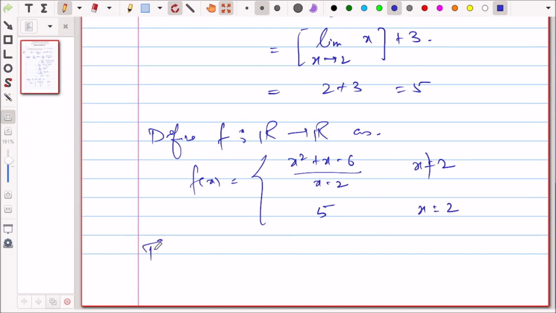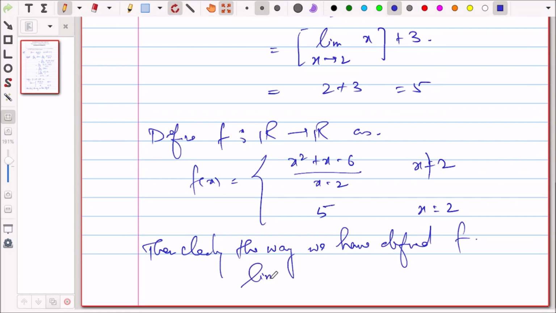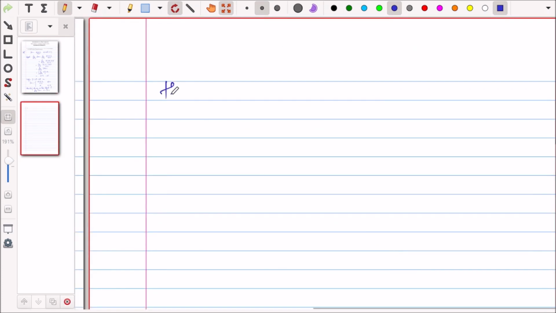Clearly, the way we have defined f, the limit as x tends to 2 of f(x) is equal to 5, which is equal to f(2). So hence f is continuous at 2.